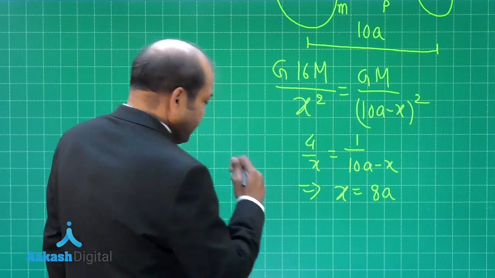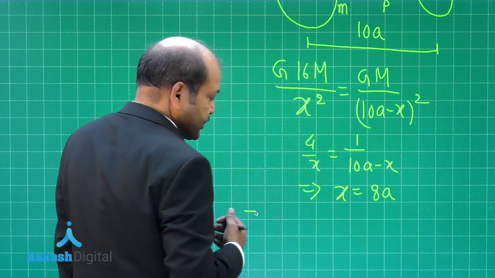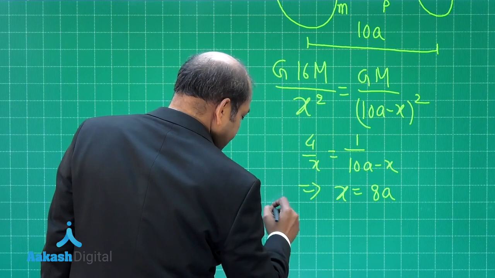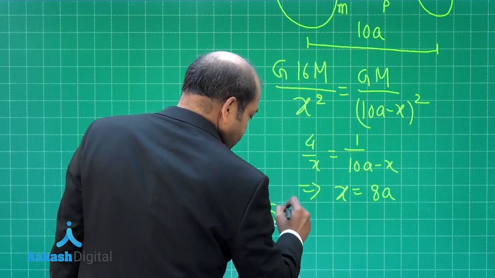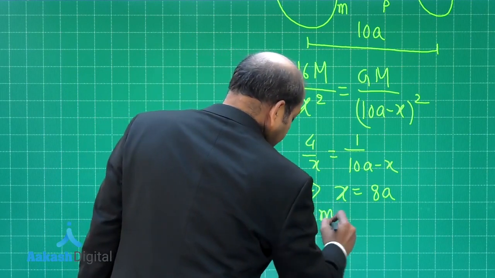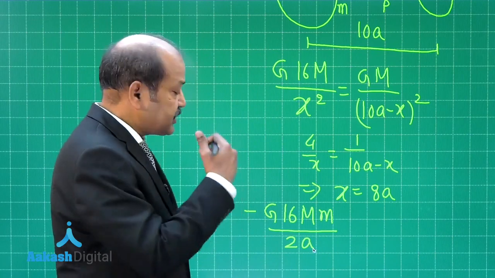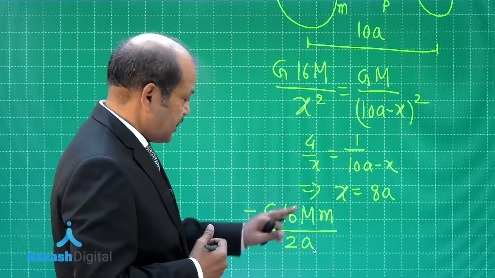Initially, the potential energy of the particle due to its interaction with the larger sphere is minus capital G into 16 M times the mass of the particle divided by 2a, because it is being fired from the surface of the larger planet.